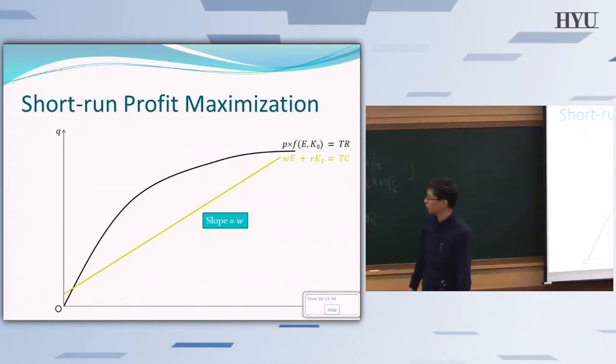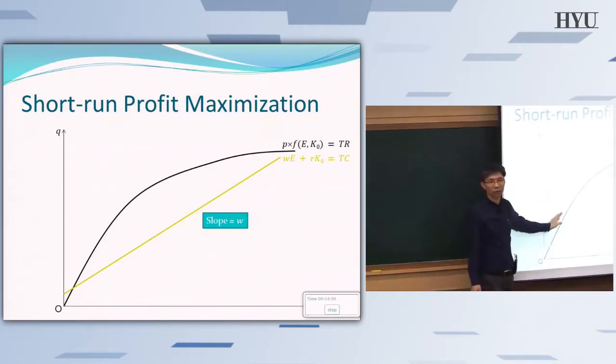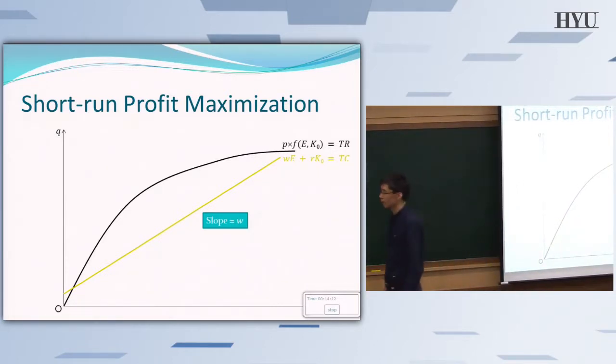And what is the profit in this diagram? The profit is total revenue minus total cost. So in this diagram, that is the distance between this black curve and yellow line. That's profit.